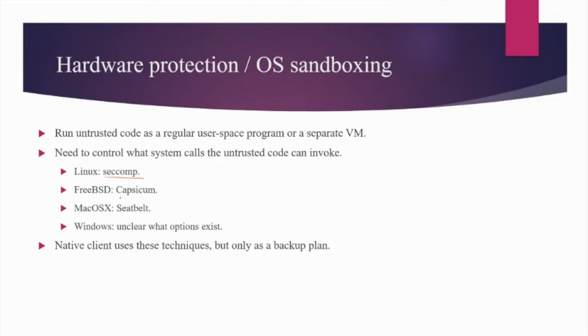Similarly, in FreeBSD, through Capsicum we can control system call access. In Mac OS, it is Seatbelt and things like that, right? So native client uses these techniques, but only as a backup plan. Okay, so native client first uses the SFI technique to do the fault isolation and to provide the security, and these can be used as backup plans if something went wrong there.